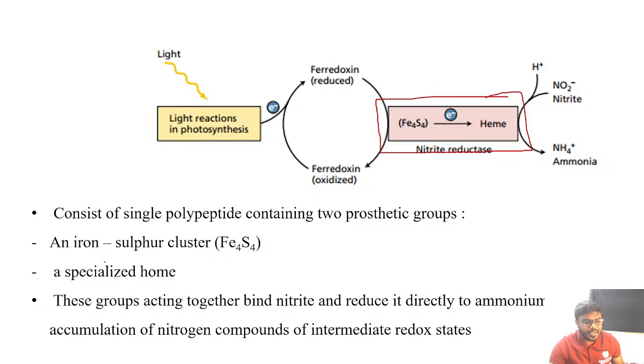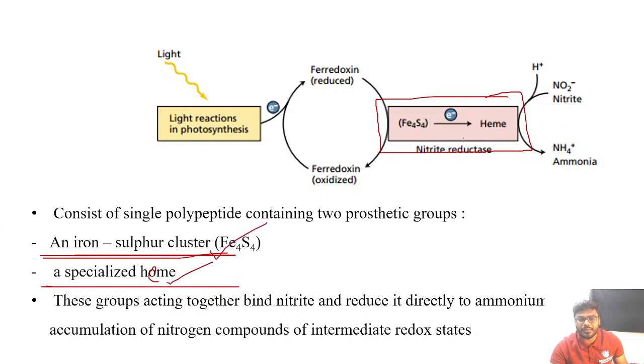It just contains an iron sulfur cluster, followed by a specialized heme. That's all it contains. This is the simplified structure. And friends, who is the electron donor? Once again, undoubtedly, my friends, the electron donor will be ferredoxin.